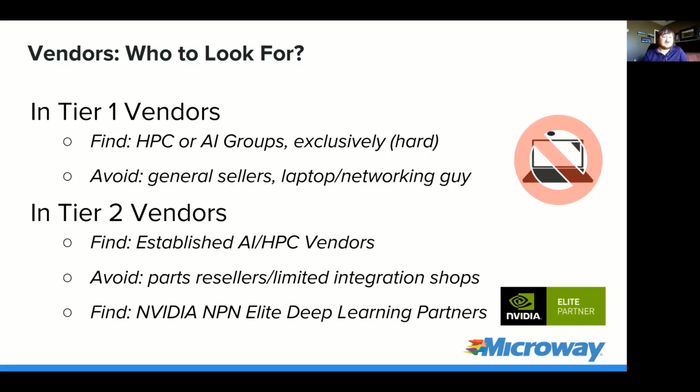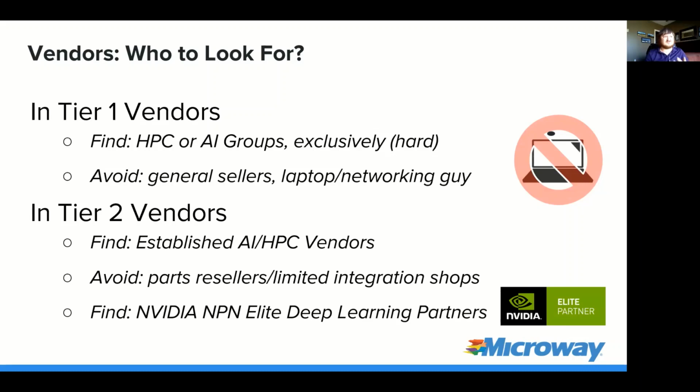And then in the tier 2 world, you absolutely want to find the established AI and HPC vendors and avoid people who are parts resellers or limited integration shops. It will seem attractive to work with these people from a cost perspective, but a system that isn't integrated properly with bad components isn't going to be a successful deployment for you.